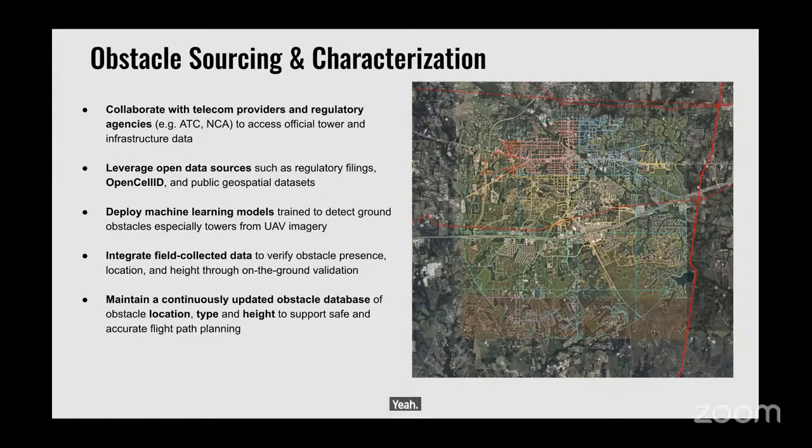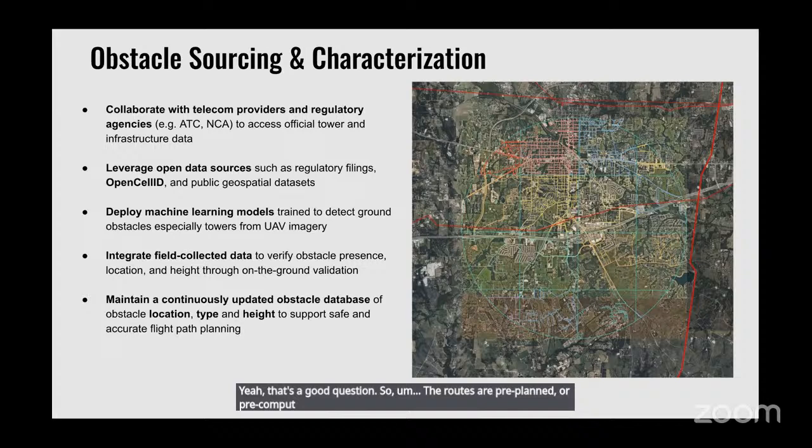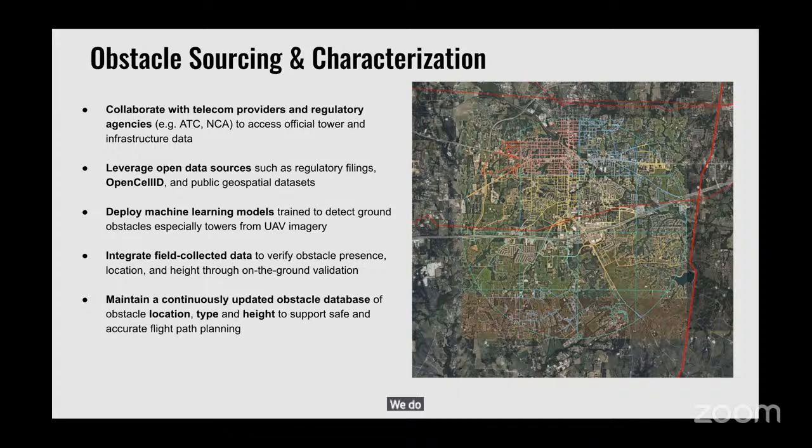Yeah, that's a good question. So the routes are pre-planned or pre-computed. So we do all of the validation, all the routing, everything I spoke about, except for ops monitoring. We do all of that ahead of time. And then we save the routes, and then we deploy the routes to the distribution center.